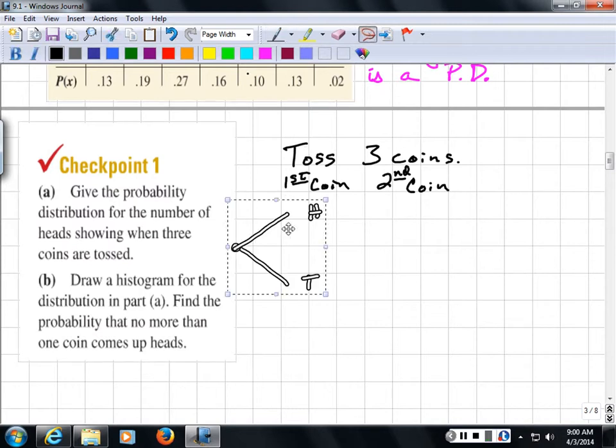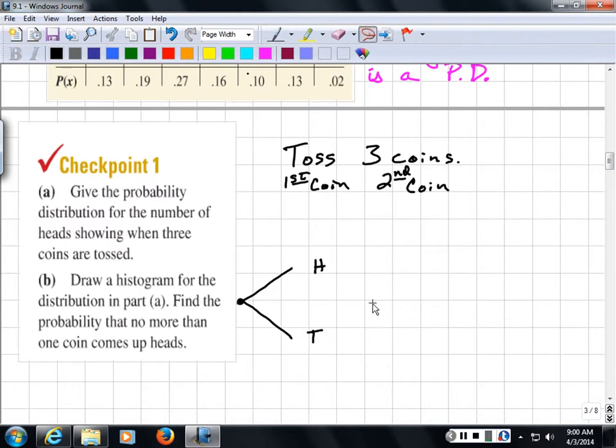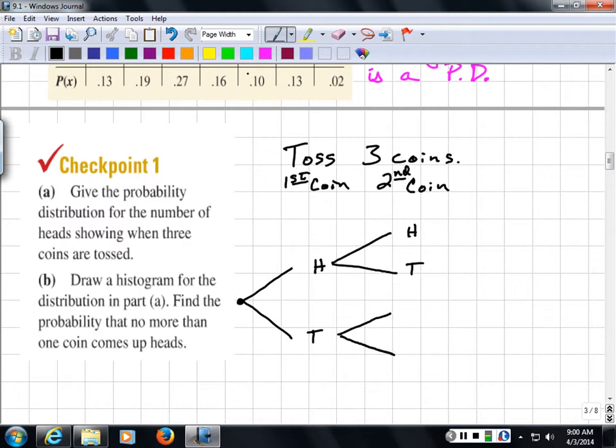And let me move this down a little. And I toss the second coin, and it's either going to be a head or a tail, but I have to take into account what the first coin was. So I list the tree branches off of both of the first possibilities. Now I'm going to toss the third coin. And I'm going to list the possibilities coming off of each branch.